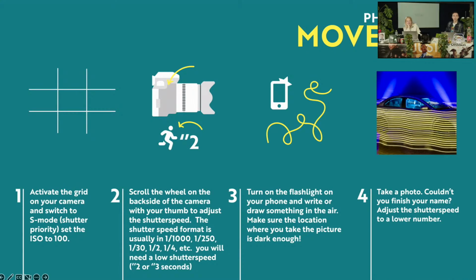Drawing with light is all about the shutter speed. That's the third thing that you can set up on your camera. When you click with a classic photo camera, you will hear a click. That means that there's a little door that opens and it lets the light into your camera.